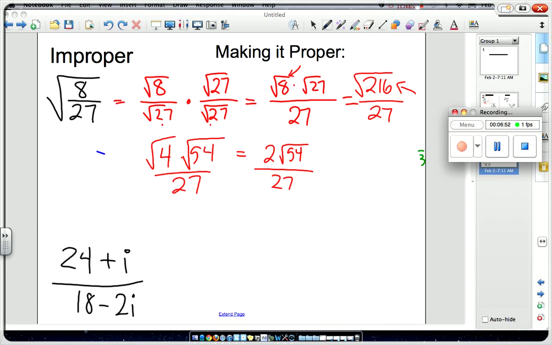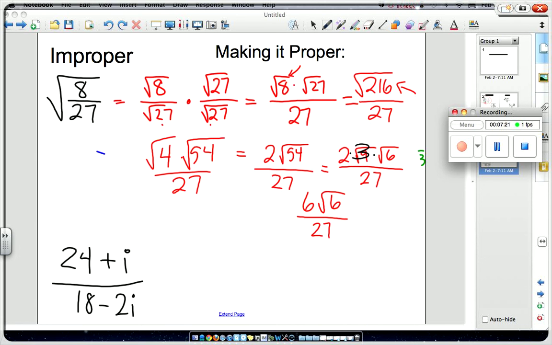54 has a perfect square of 9 that goes into it, so I'm going to divide out the 9 and rewrite this as 2 square roots of 9 times square root of 6, all over 27. So once again, the 9 can change out to a 3, which was my whole goal. This is one big product, so I really have 6 square roots of 6 over 27.